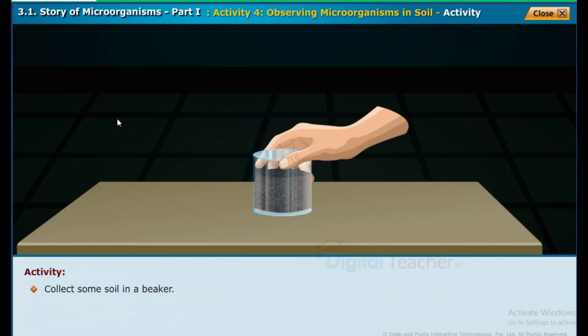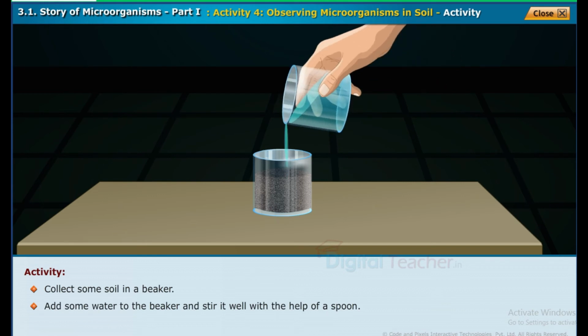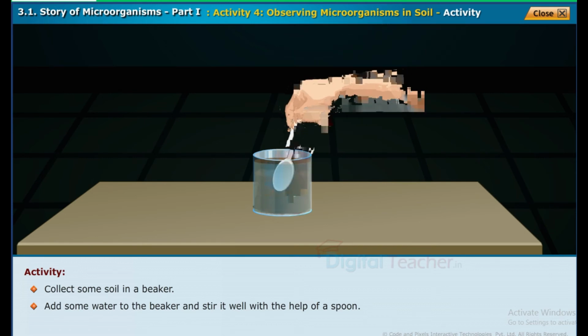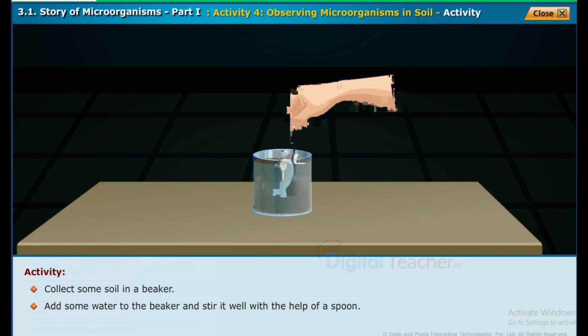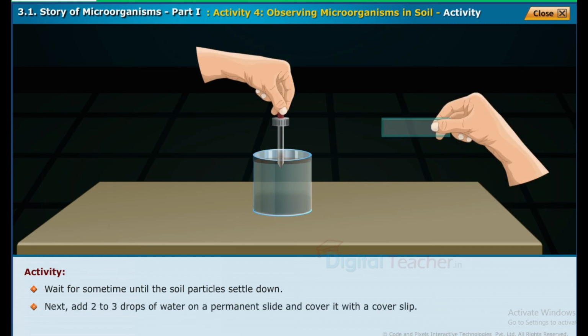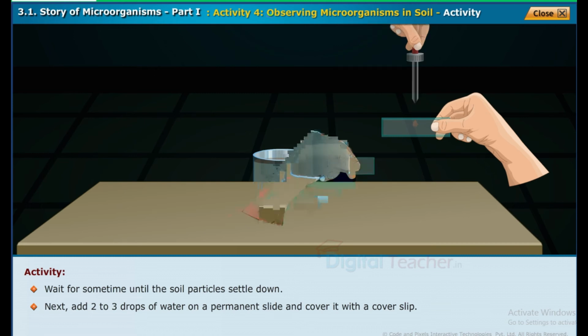Collect some soil in a beaker. Add some water to the beaker and stir it well with the help of a spoon. Wait for some time until the soil particles settle down. Next, add 2 to 3 drops of water on a permanent slide and cover it with a cover slip.